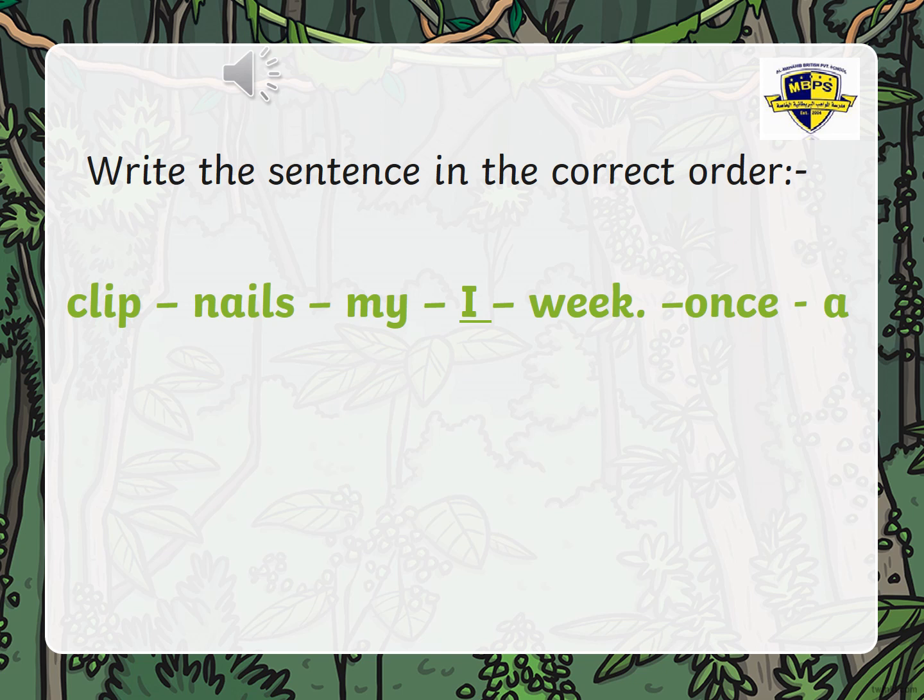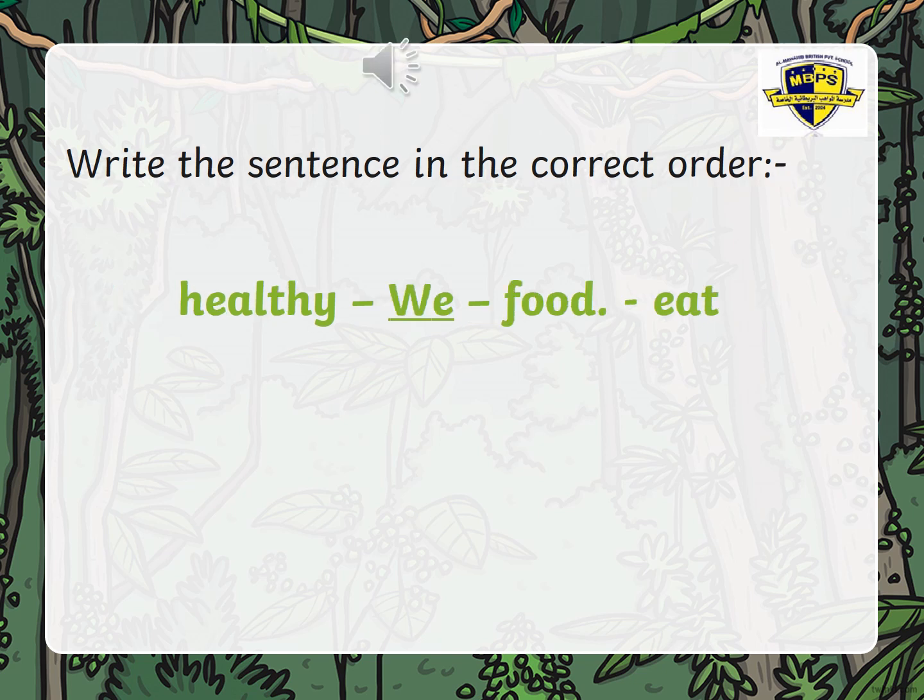I, nails, no. My, no. Which one is the verb? Something we do to our nails. Think. I clip my nails once a week. Very good. That's the second sentence.